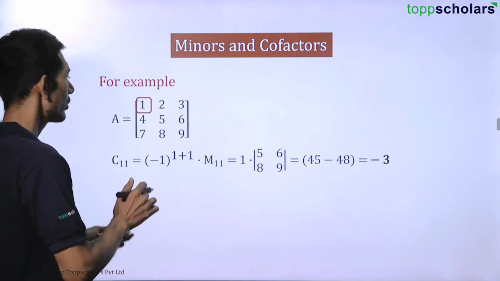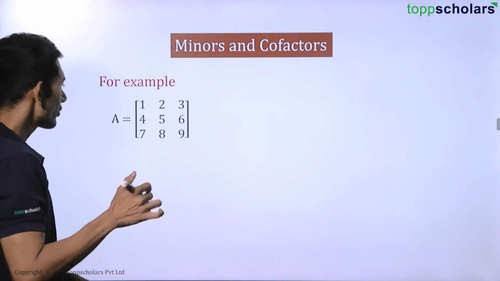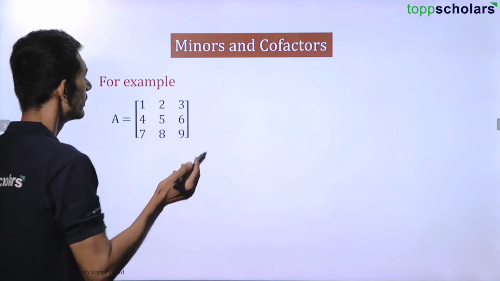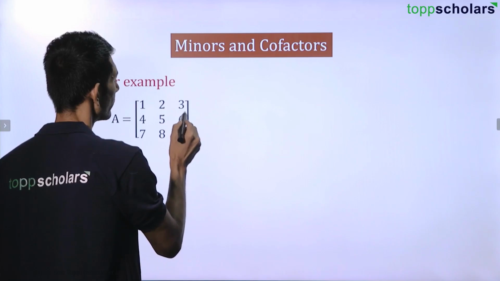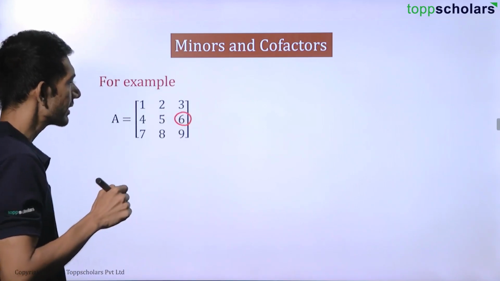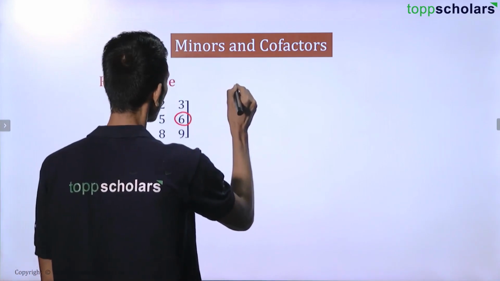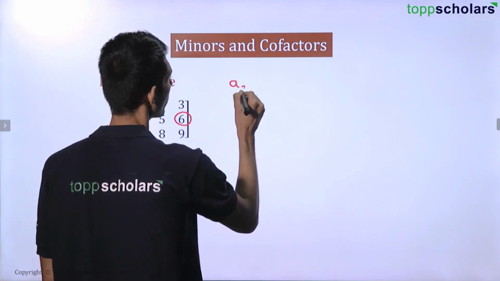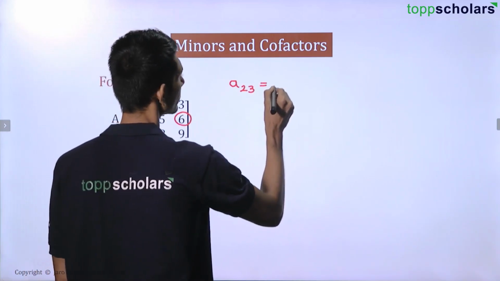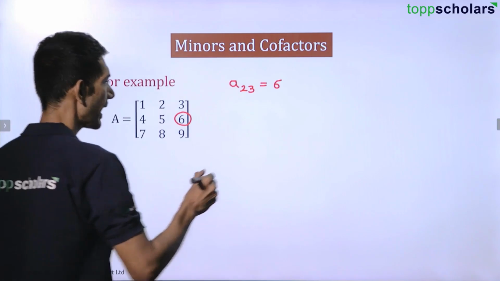Suppose we have to find the cofactor of this element. Identify that. Can I say that is second row, third column? And A23 is 6. We'll find M23 first.